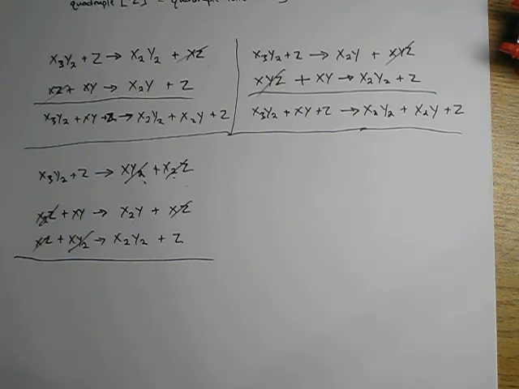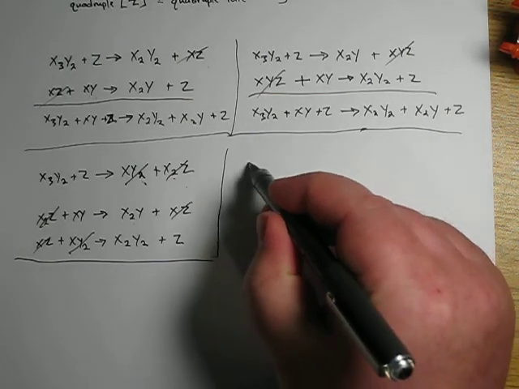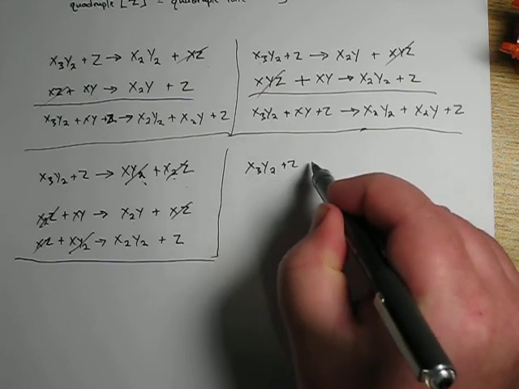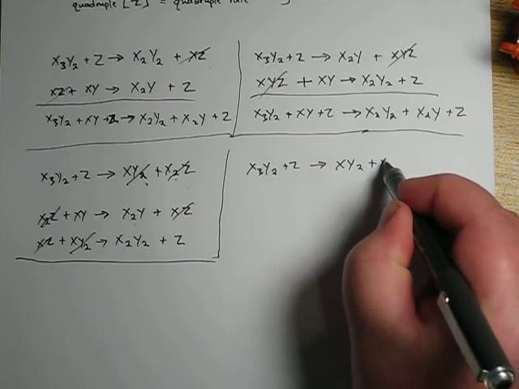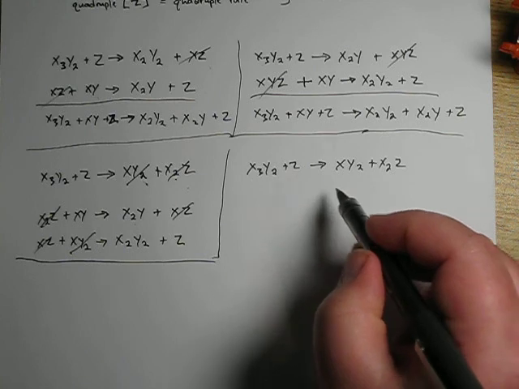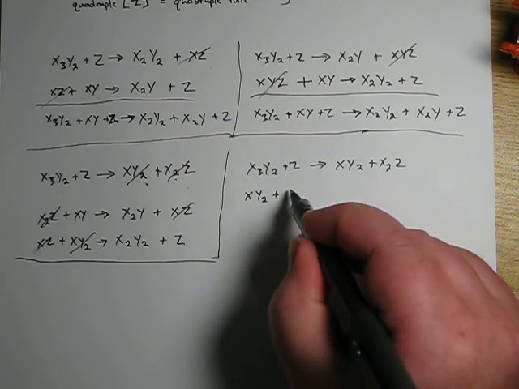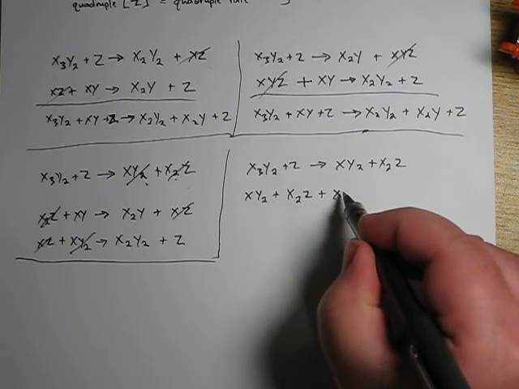Well, let's just go even crazier. Check this out. How about x3y2 plus z goes to xy2 plus x2z, our same first step, but then our next step, xy2 plus x2z plus xy.